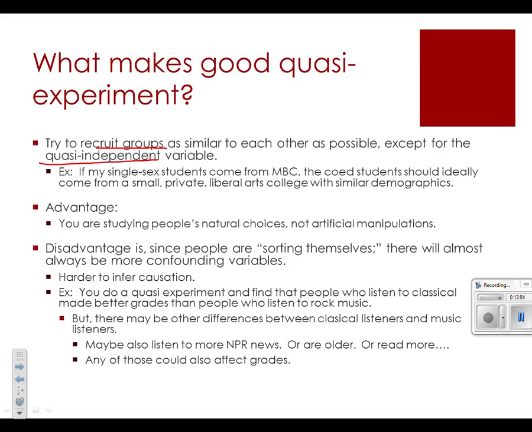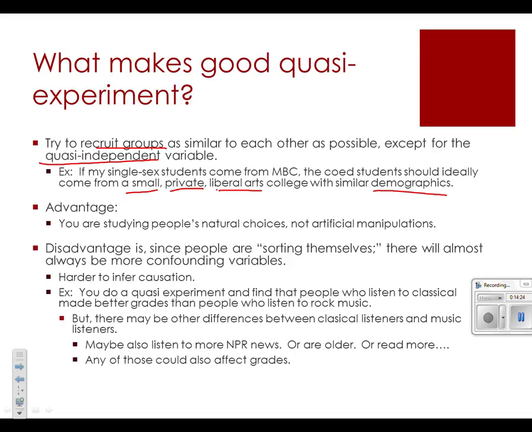So I try to find a small school. I try to find a private school. I try to find a school somewhere in Virginia or somewhere in the Southeast. I try to find a school with a liberal arts focus, with similar demographics, similar SAT scores, similar racial composition, similar geographic composition, similar anything I can think of, I would try to match as closely as possible.